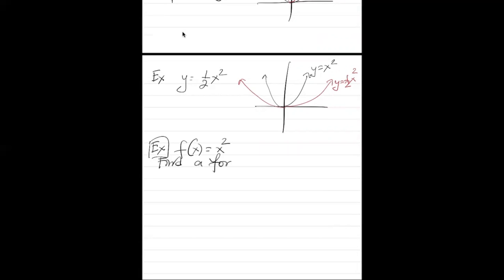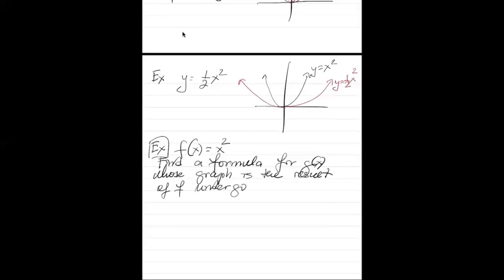Find a formula for another function g of x whose graph is the result of f undergoing the following: a, a vertical shift, up 2 units.